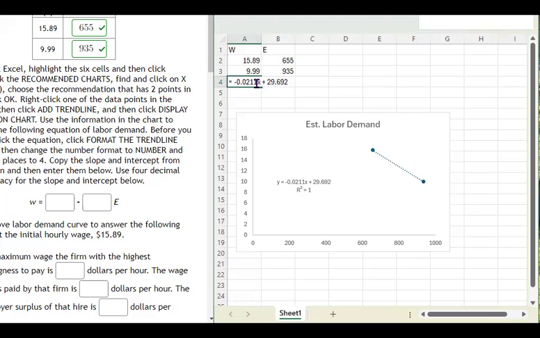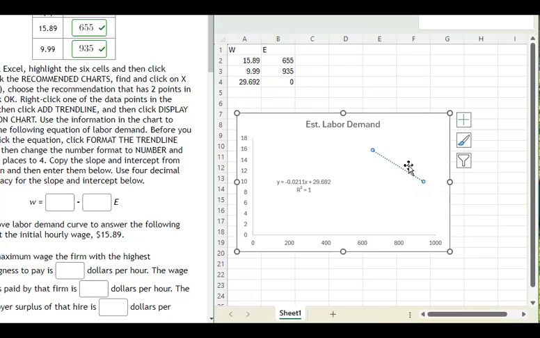And then I'm going to change this X to times, and click on cell B4. Now, when the employment level is 0, the firms are willing to pay $29.69. So what I'm going to do is extend this line.